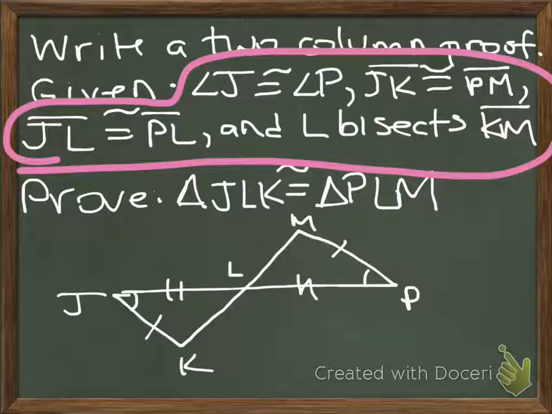Our given is angle J is congruent to angle P, which they've labeled on the triangles. JK is congruent to PM, which they've labeled on the triangles. And JL is congruent to PL. They haven't labeled this, but they also said L bisects KM, which makes KM cut in half, which actually also makes KL congruent to LM.